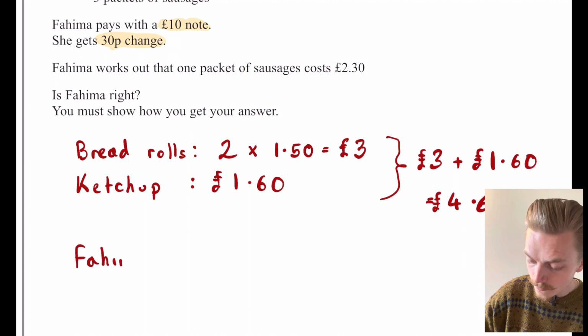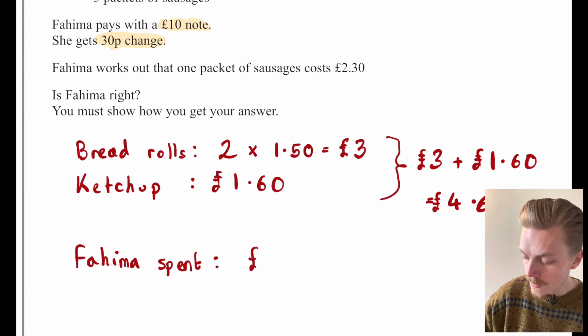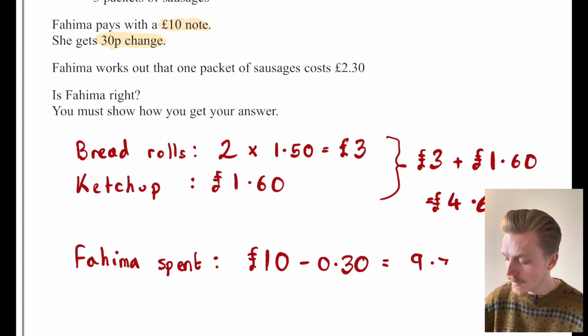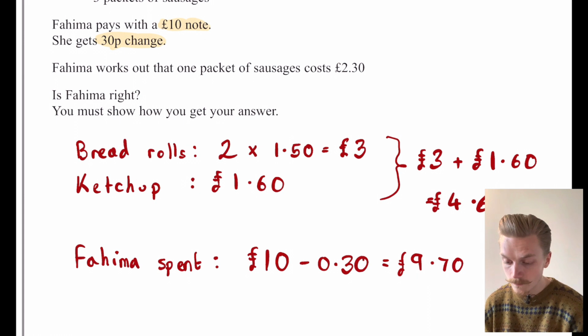So I'll put Fahima spent, and that's going to be my £10, and I'm taking away 30p. So take away, let's say, 0.3 or 0.30. Well, that's going to be £9.70. That's how much she actually spent there altogether.